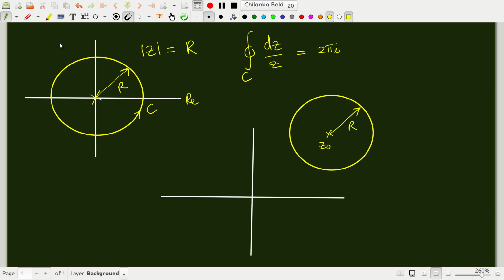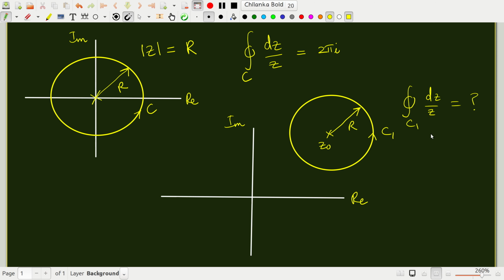Remember that this is the complex plane, with real part of z and imaginary part of z axes. So this is the same as before. Everything remains the same in this contour. This is, let's say, C1, just to distinguish it from the previous contour. Now I want to know what is the integral of dz by z over C1.